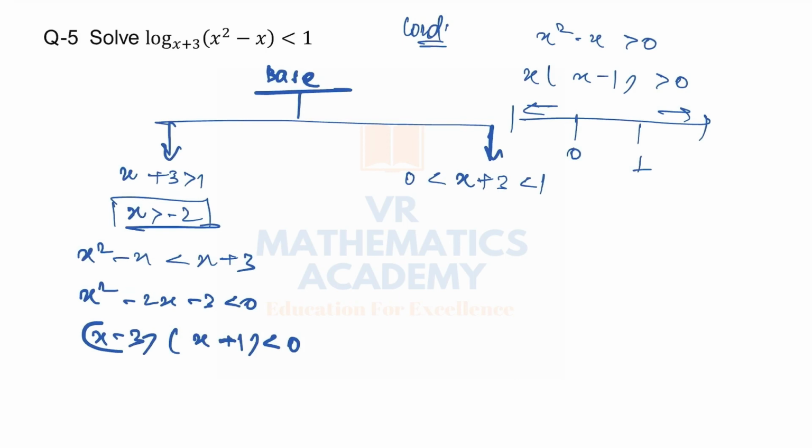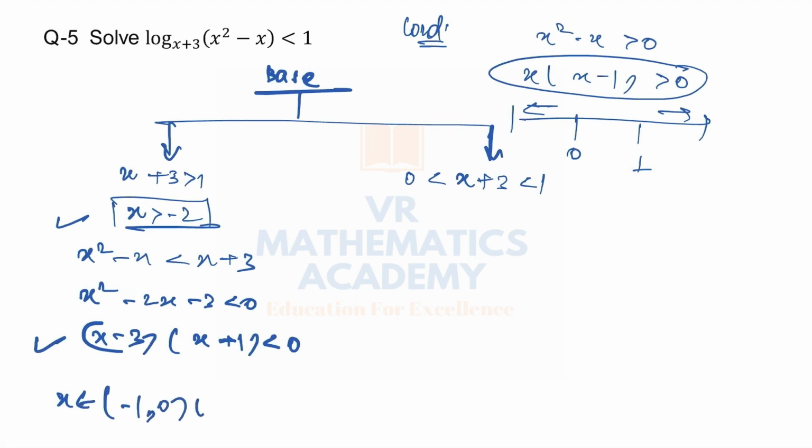So by the condition x greater than minus 2, by the condition (x minus 3)(x plus 1) less than 0, and the initial condition, that is x(x minus 1) greater than 0, we found that x belongs to (-1, 0) union (1, 3).